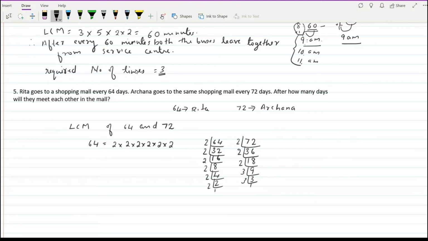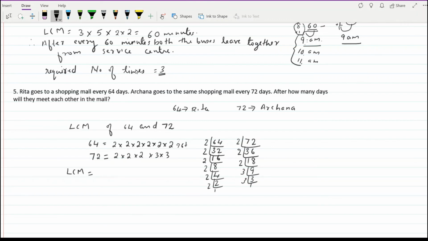Practice it so that you will find prime factorization easy. This is called the prime factorization of the number. After getting the prime factors, you can write it as a product of primes: 2 into 2 into 3 into 3. Now for finding the LCM, we know that the maximum number of times a factor occurs is what you have to consider. In 64, 2 comes 6 times.